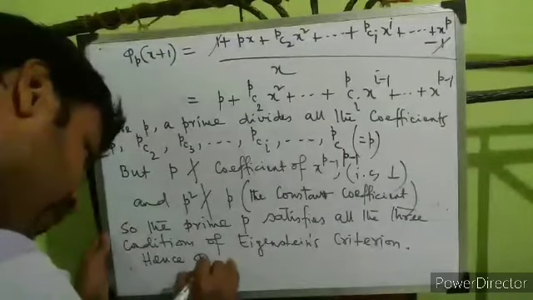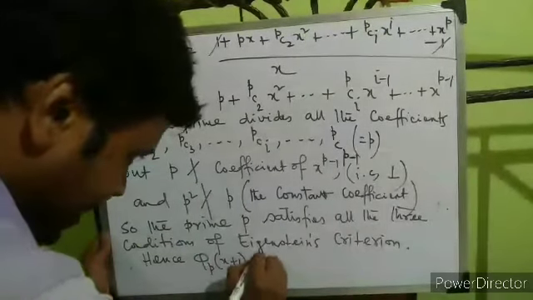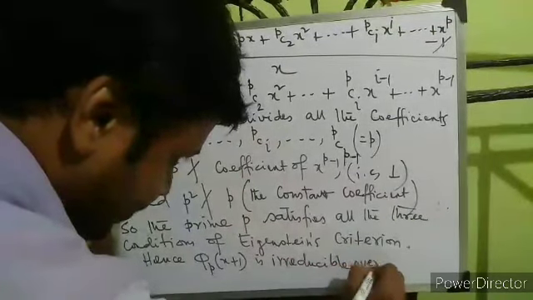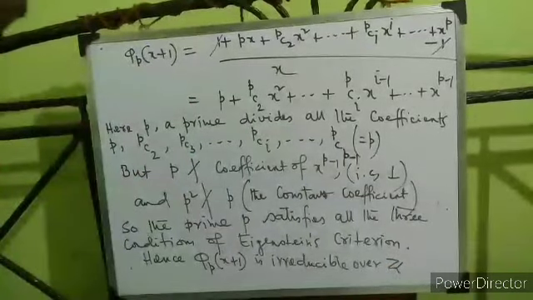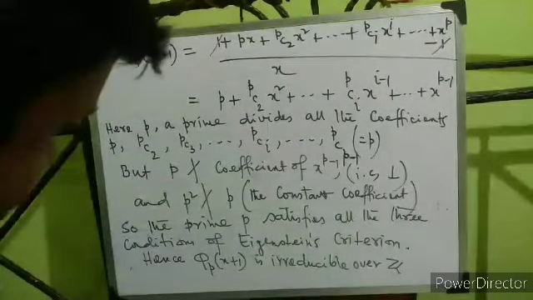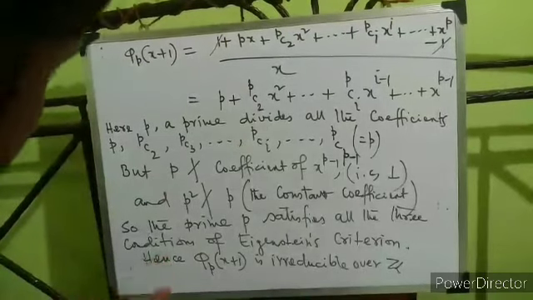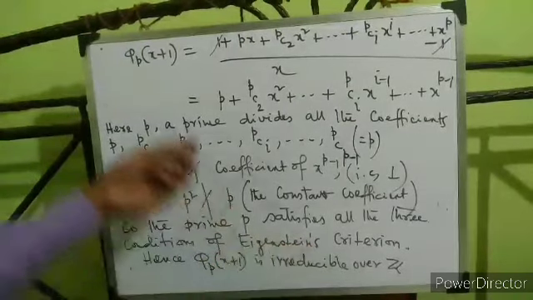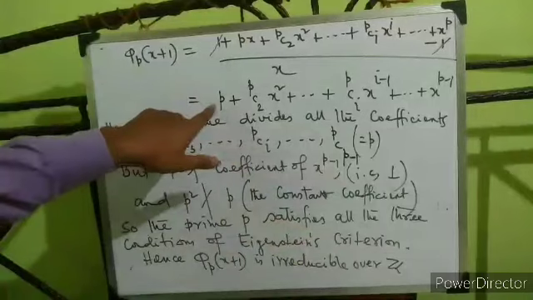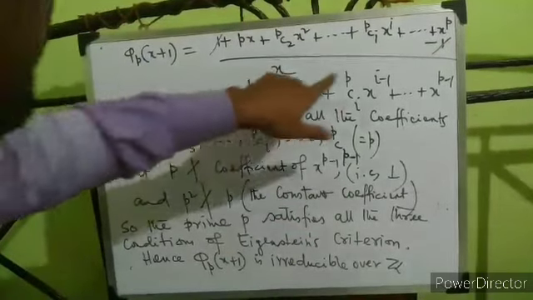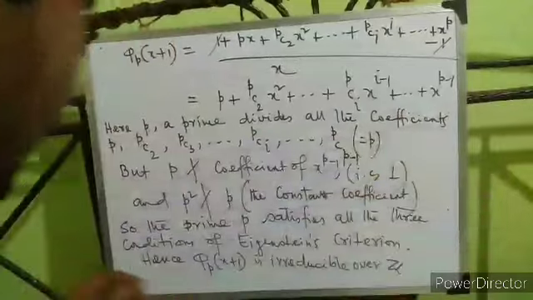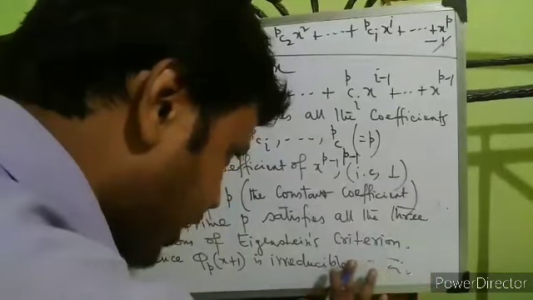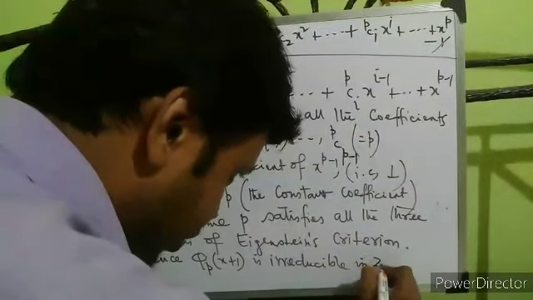Hence, phi p of x plus 1 is irreducible over Z, because phi p of x plus 1 is primitive, because the GCD of p, pc2, dot dot, pci and 1 is equal to 1.